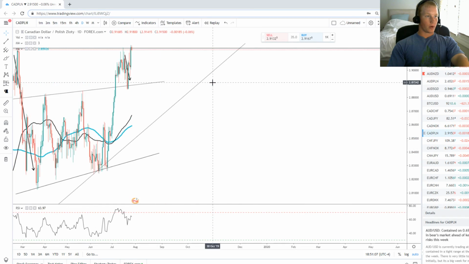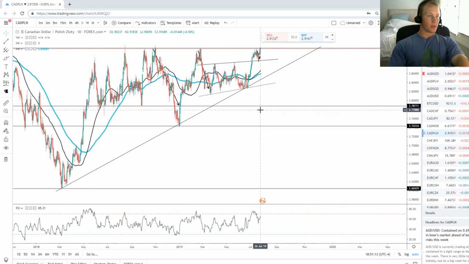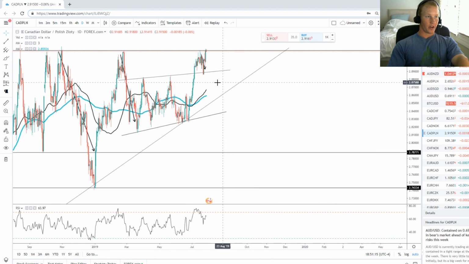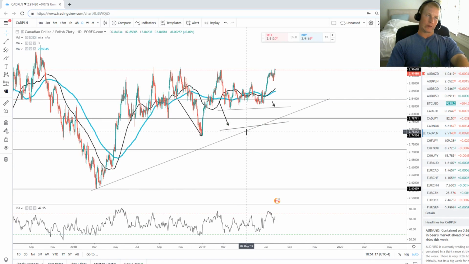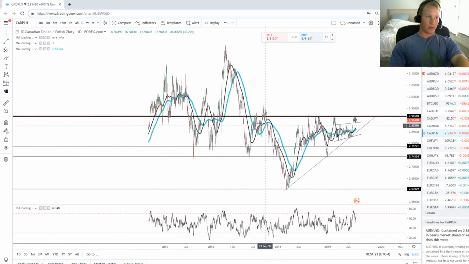CAD PLN. Whoa, whoa, whoa. That's a short. That's a short if I've ever seen one. But you're shorting into this ascending triangle. Check that though. Look at all that resistance there.